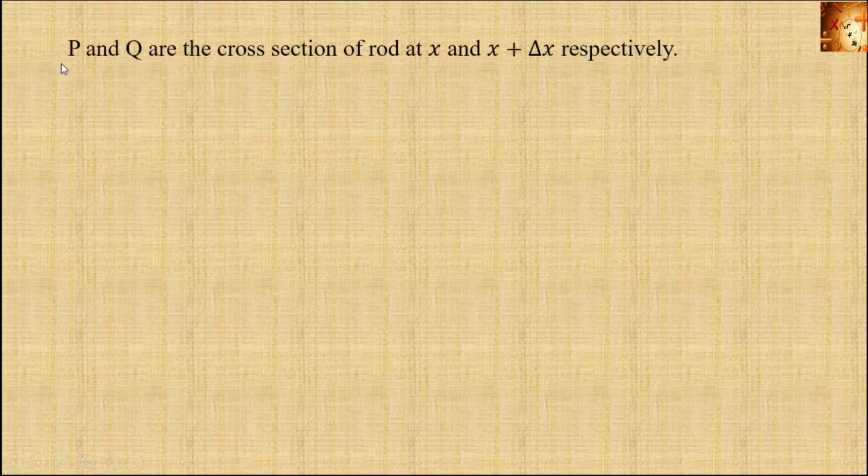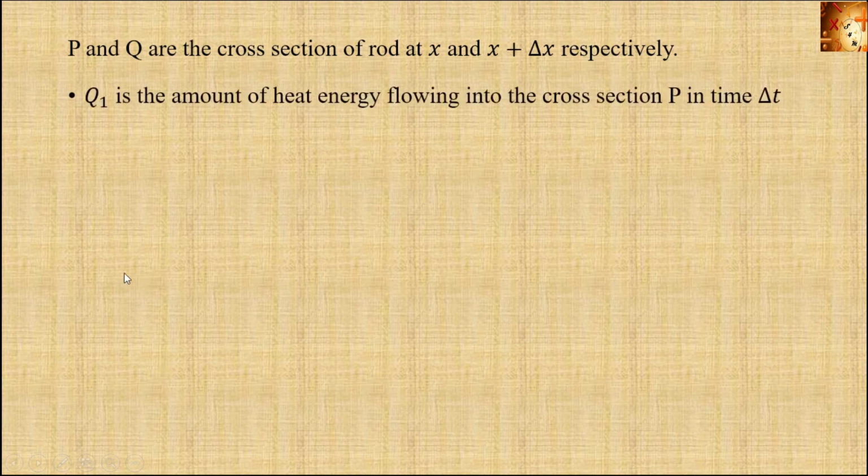We are considering a particular slab, that is PQ. Here P and Q are the cross sections of the rod at x and x plus delta x respectively. And Q1 is the amount of heat energy flowing into the cross section P in time delta t. By our assumption 2, the heat flow is directly proportional to the area and temperature gradient. Therefore, here we can write Q1 = -KA ∂u/∂x at the point x.